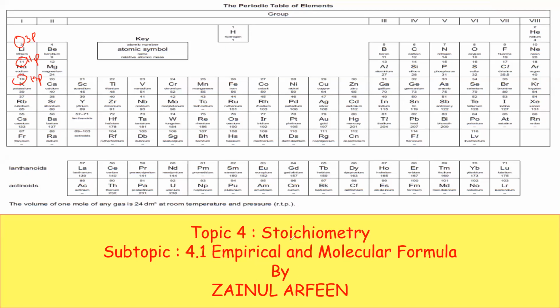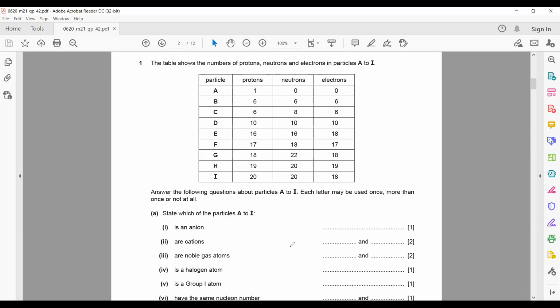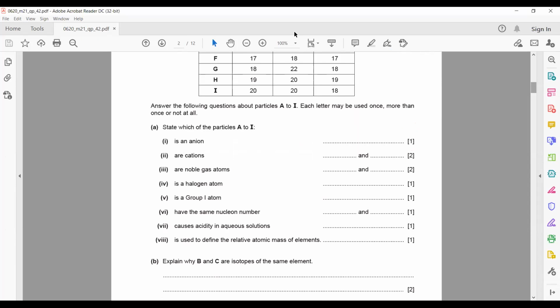So which one of them can have 3 protons or 11 protons or 19 protons? It means that belongs to group 1. There is no 3, there is no 11 and there is 19 protons, that's H. So that's why we will write that H belongs to group 1.